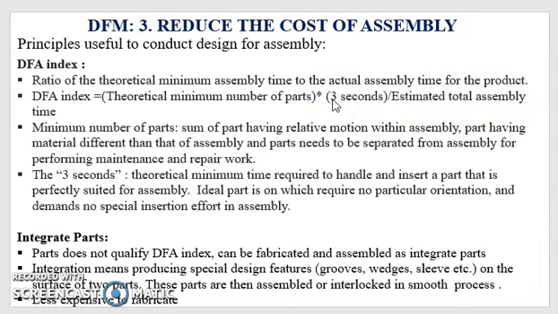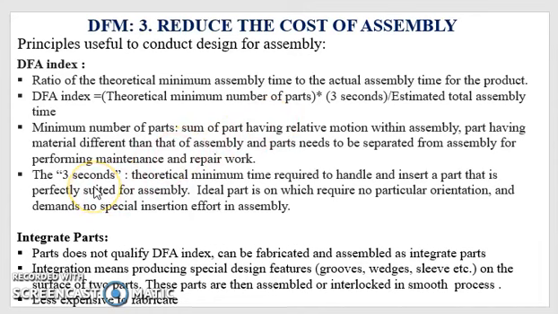The components falling into the minimum number of parts are parts having relative motion within an assembly, parts having material different from that of the assembly, and parts which need to be separated from the assembly for performing maintenance and repair work.